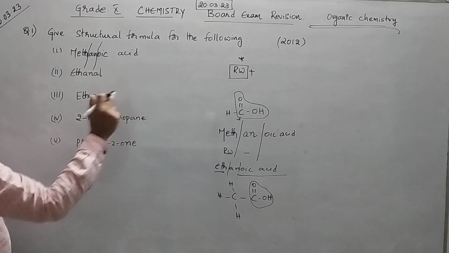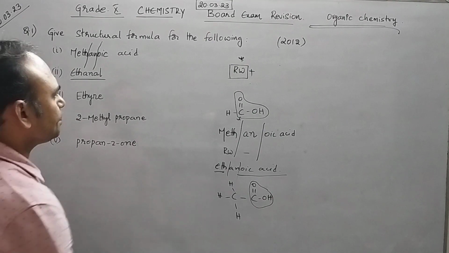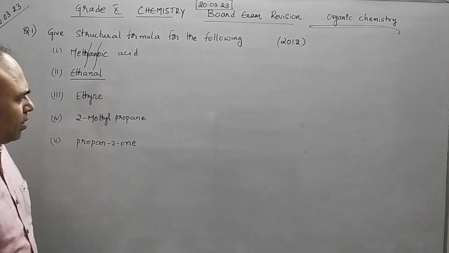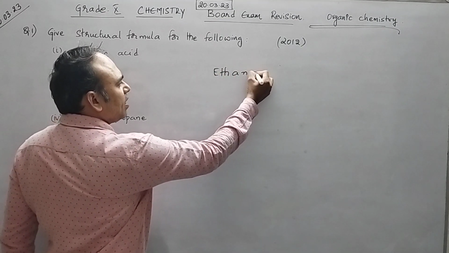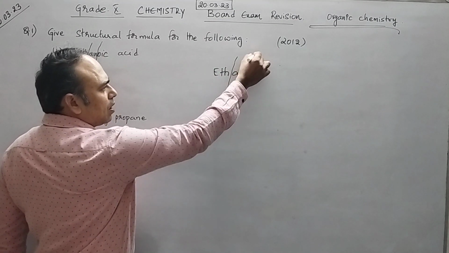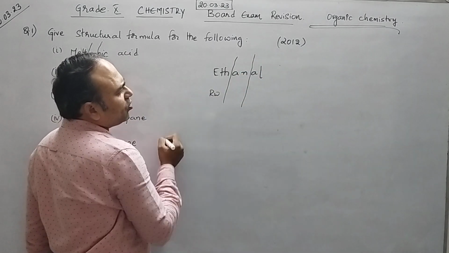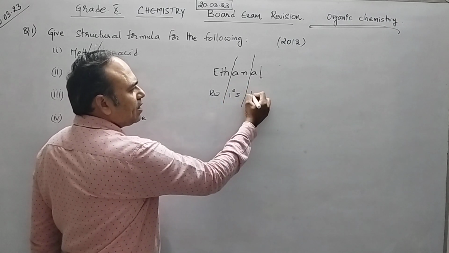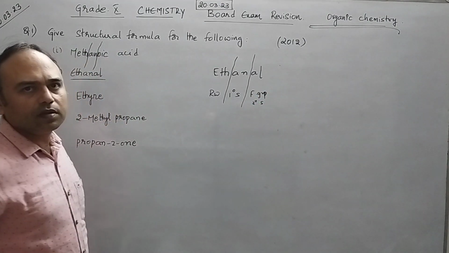First one, methanoic acid. Now the second one is ethanal. AL is given. So if they have given ethanal here, again separate this. This is the root word. ANE is the primary suffix, and AL is the functional group, which is the secondary suffix. So how do you write?